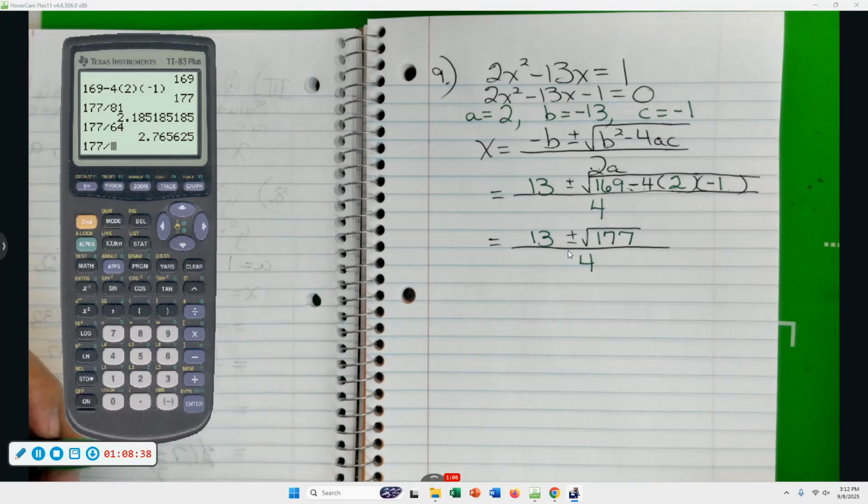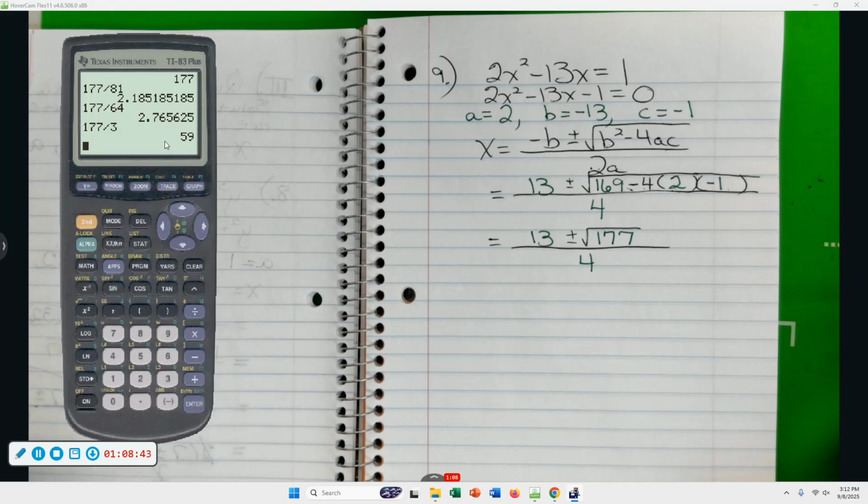Oh, watch it be reducible. Oh, look at that. 177 is 3 times 59. 3 is a prime number. 59 is a prime number. And so there's no way you're going to reduce the square root of 177.